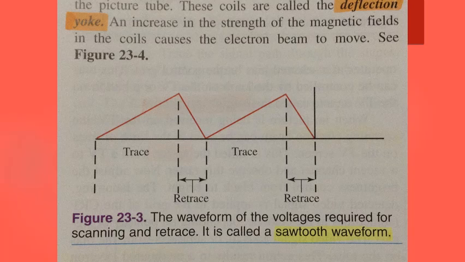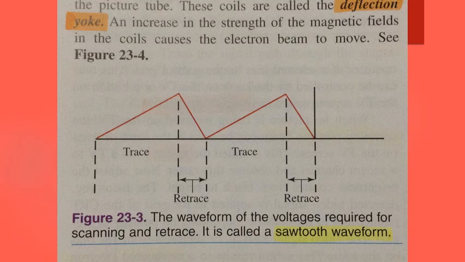Closer study of the scanning process reveals that the beam scans as it moves from left to right. After it has read one line, it quickly retraces to the left and starts reading the next line in the same way we read a book. The retrace time is very rapid, but still shows a line in the picture.